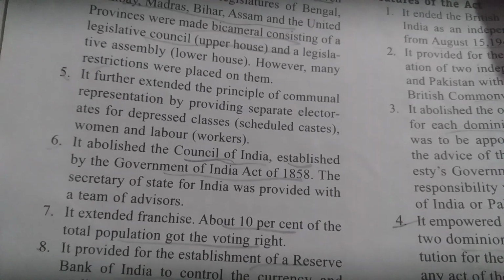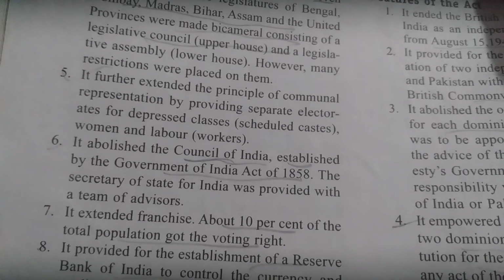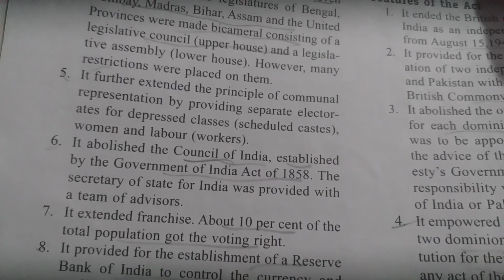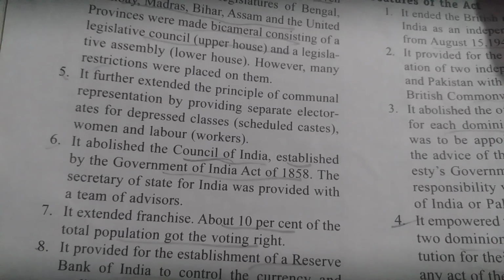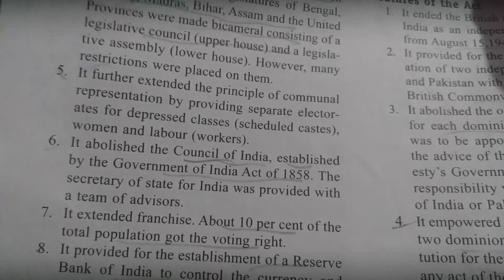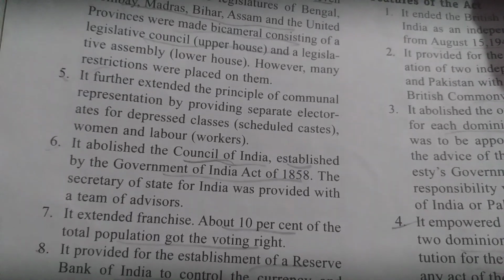It abolished the Council of India established by the Government of India Act of 1858. The Secretary of State for India was provided with a team of advisors. It extended franchise. About 10% of the total population got the voting right.